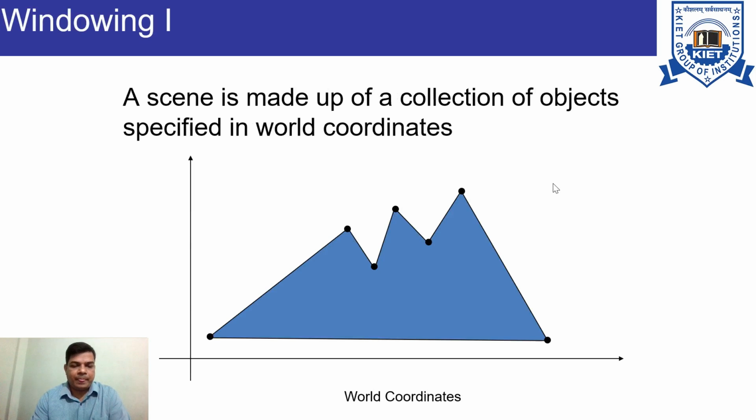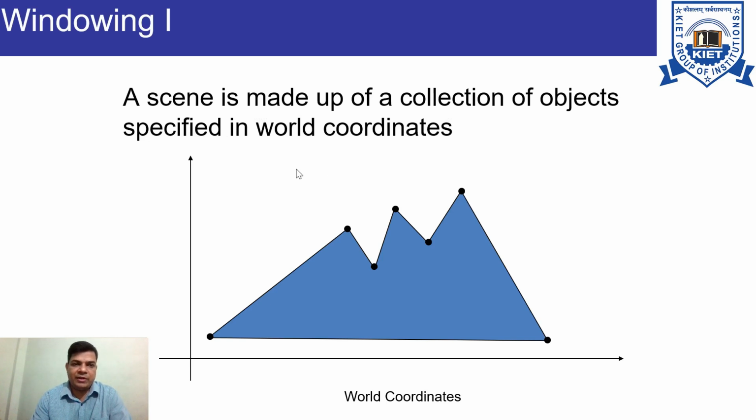You can see that this is the object that we want to display on our computer screen, and basically this object is initially drawn on world coordinates. A scene is made up of a collection of objects specified in world coordinates.